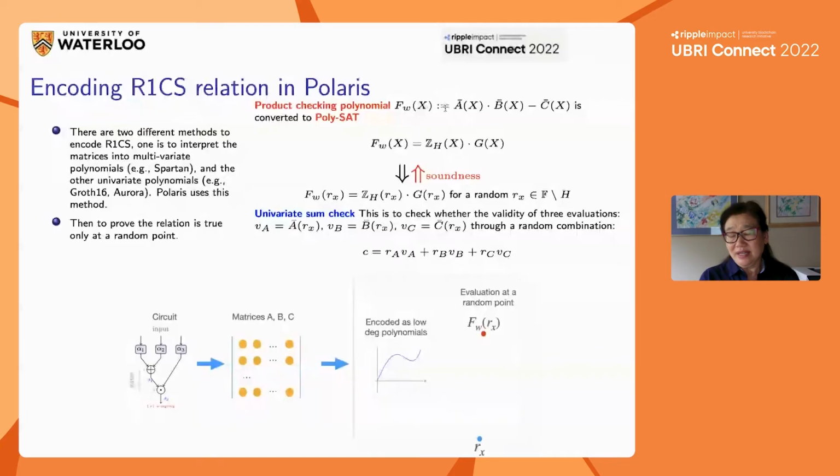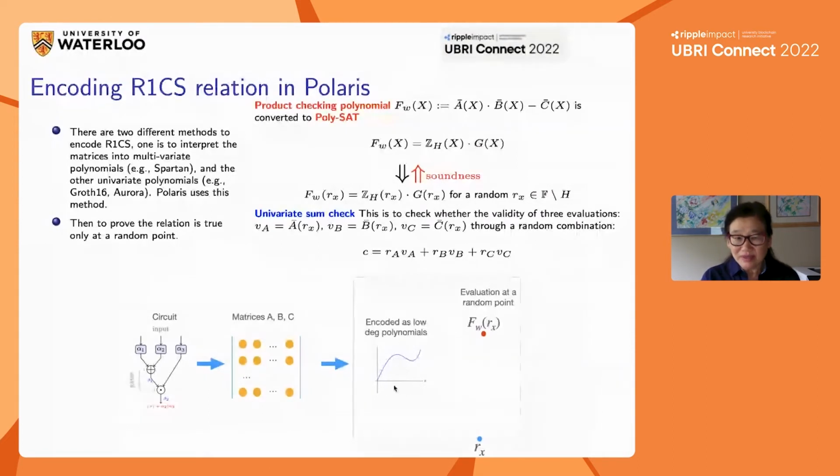So this is the R1CS relation encoded as a polynomial. So you can tell this is left input, right input, output. So we want to prove this is 0 at every point, but it turns out we can prove this product relation.